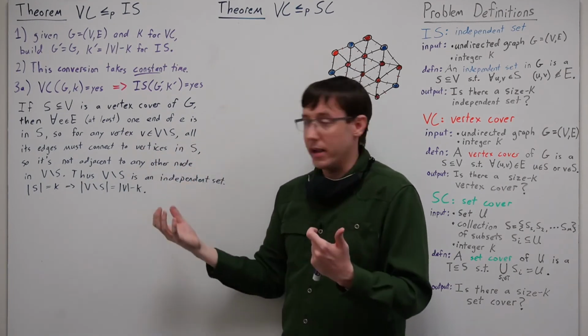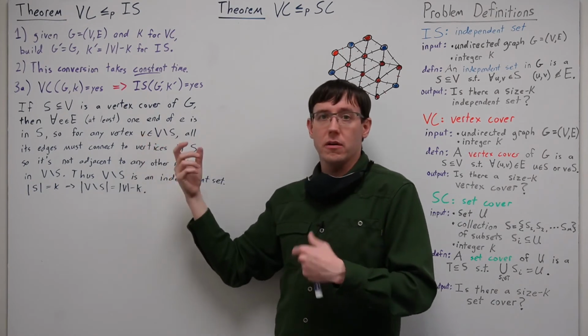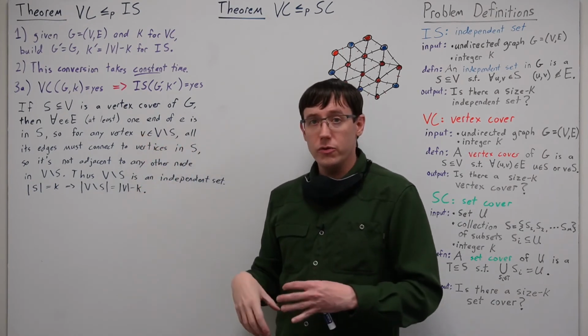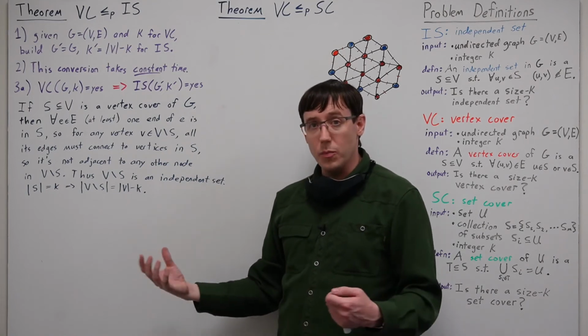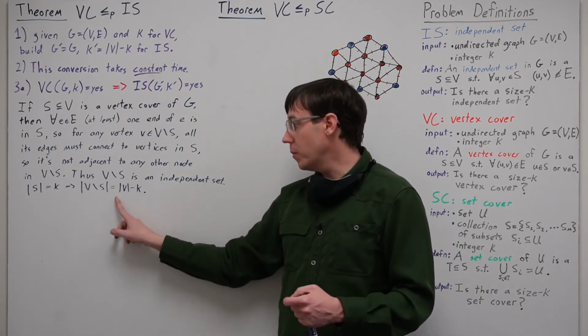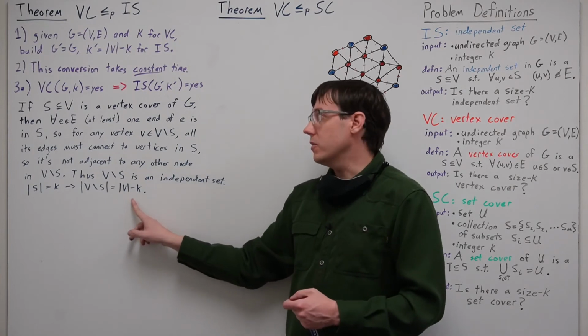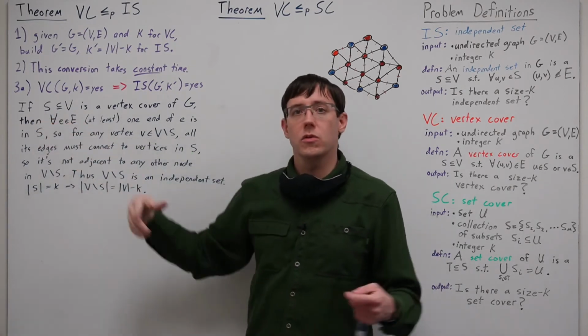And so if we take all of the vertices that are not in S, those vertices are all independent. And so we have an independent set of size, number of vertices, minus the size of S, which was k.